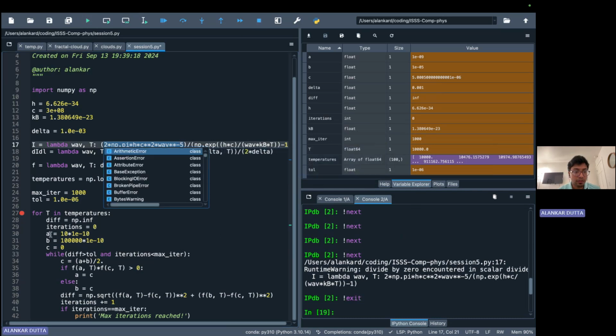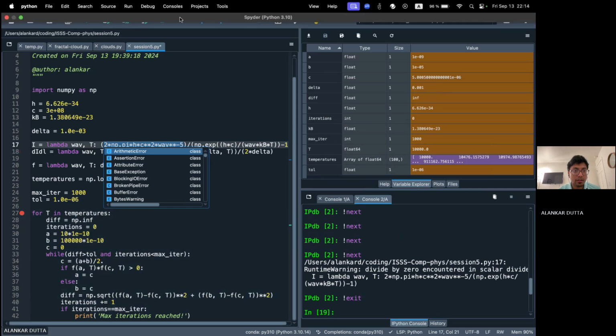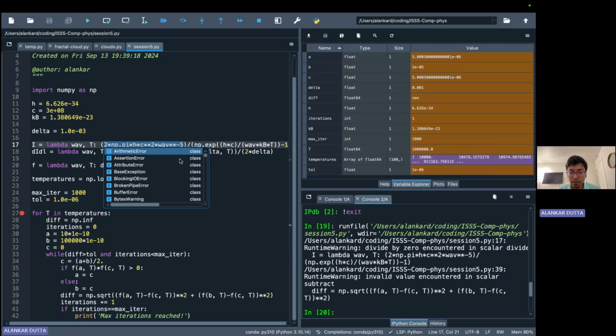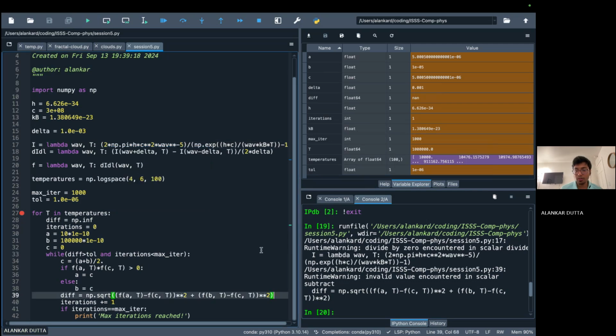Let's stop this and run this code. So it says that it's encountering some error in line number 39 and also line number 17, where it basically tries to find what is the wavelength.